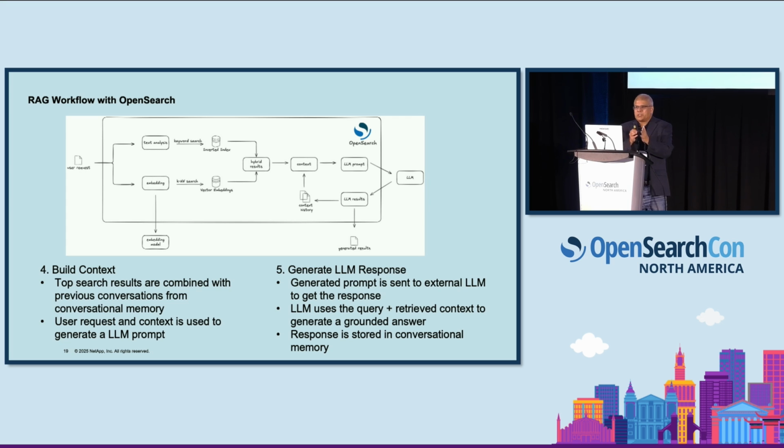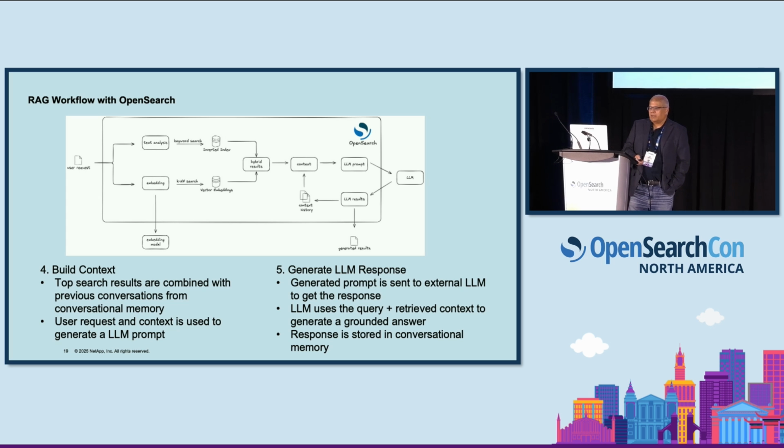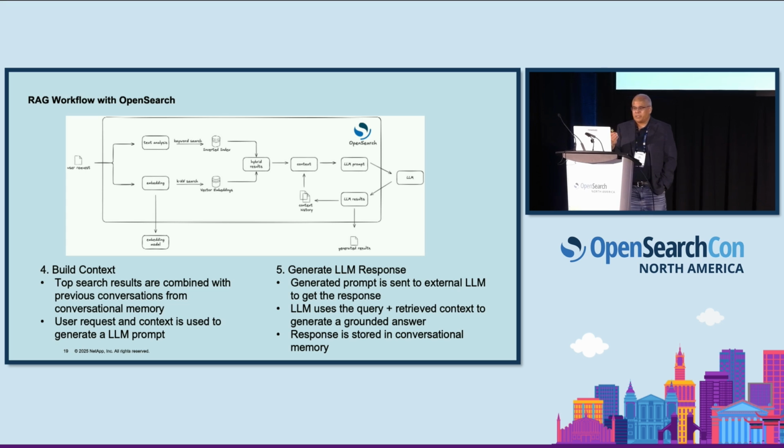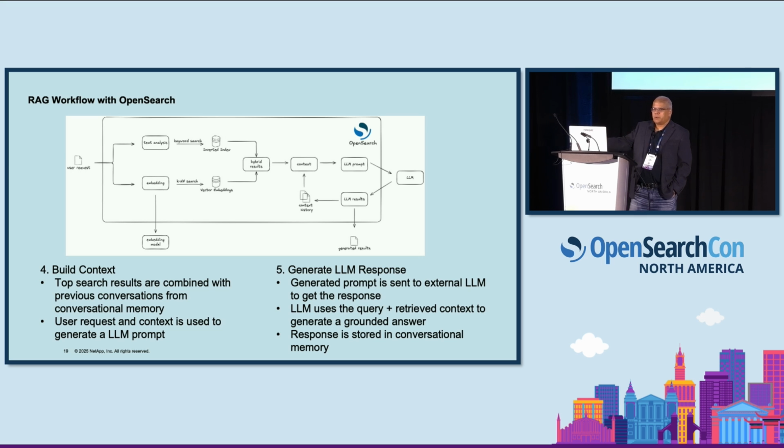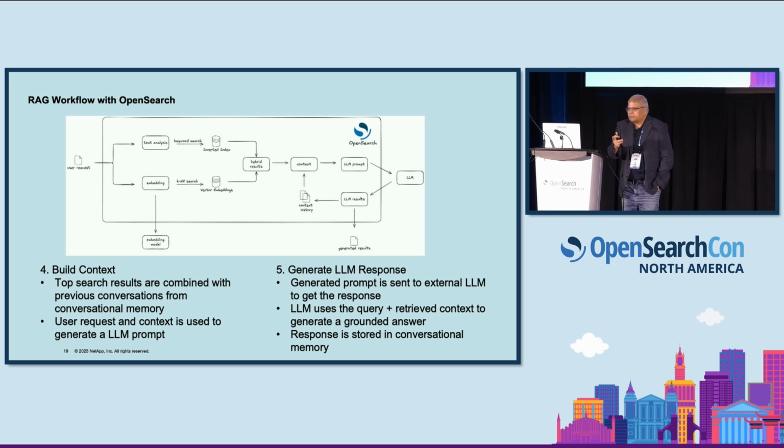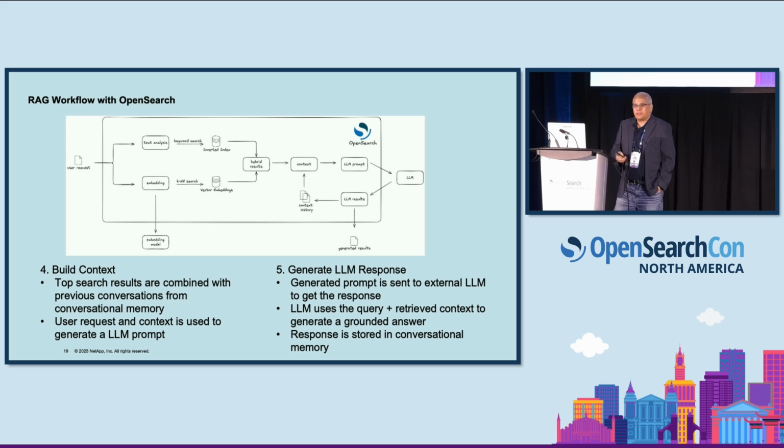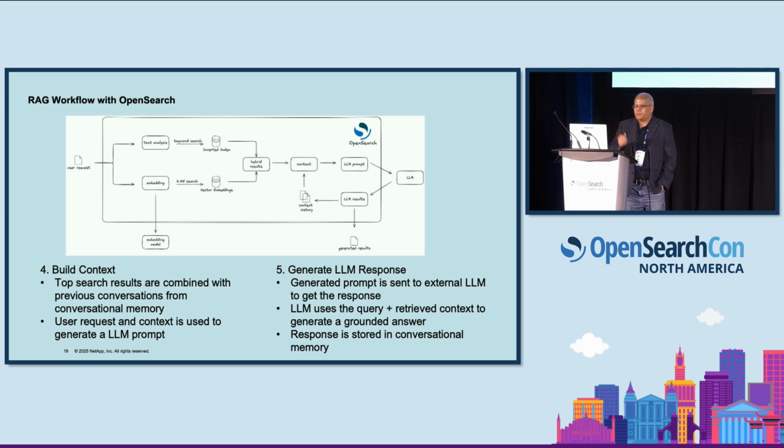Based on that, you create a new prompt for your LLM, and then give that prompt to the LLM, and then get the relevant response, which is grounded and based on the actual data. And then you provide that response to your user, as well as save that response for the context for the next query. So that's kind of the flow.